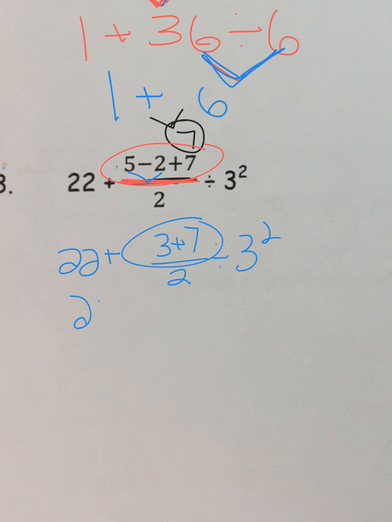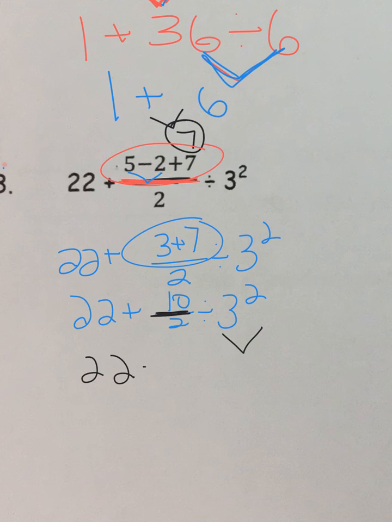GEMDAS. 22 plus 10 over 2 divided by 3 squared. Okay, GEMDAS, there's no grouping anymore. There is still a division symbol, but that is just a division symbol. That is not a group. There's no party on top or on bottom. So there's no grouping. I go to exponents, which is right here. 22 plus 10 divided by 2 divided by 3 squared, which is 9.